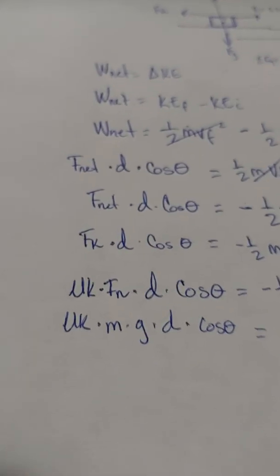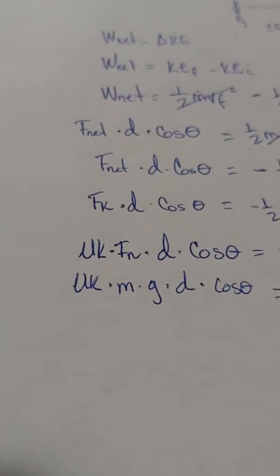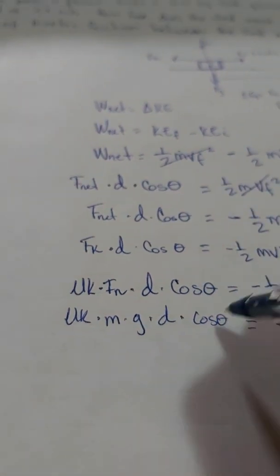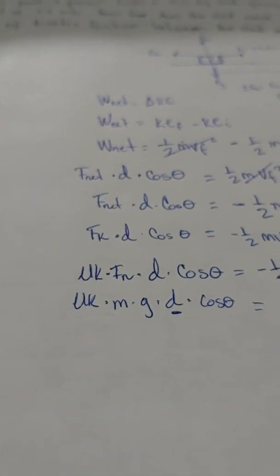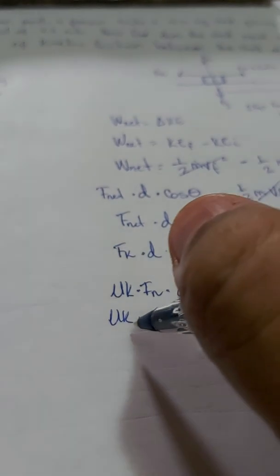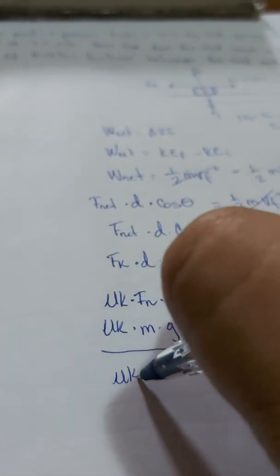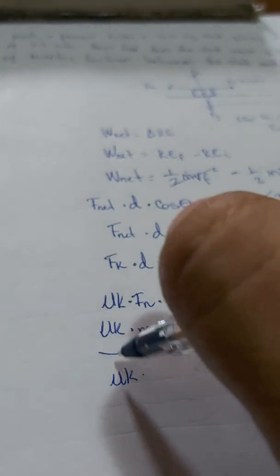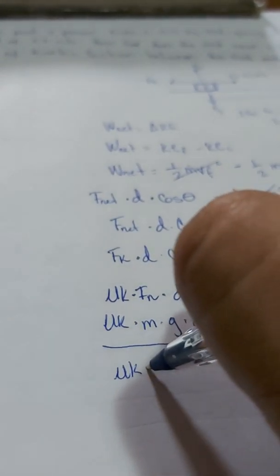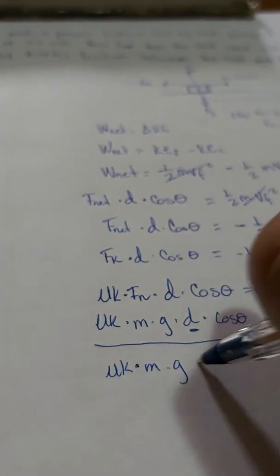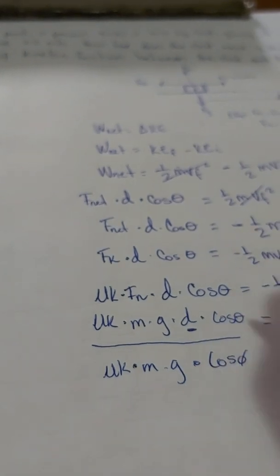Okay, so we're going to solve for d. That means we're going to divide everything by μk, coefficient of kinetic friction, times mass, times gravity, times cosine of theta.